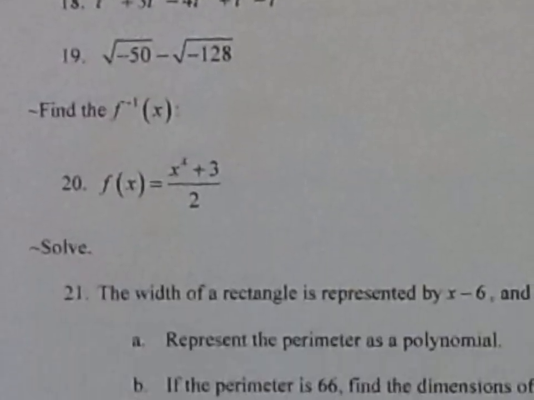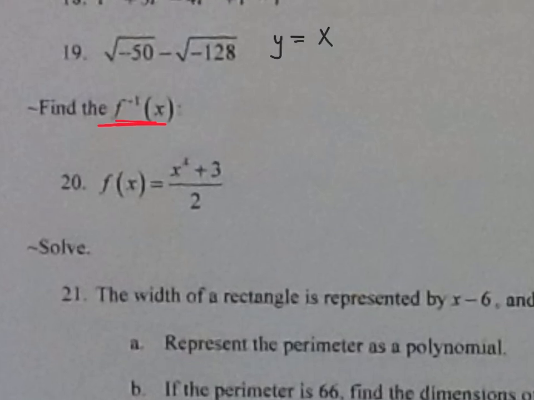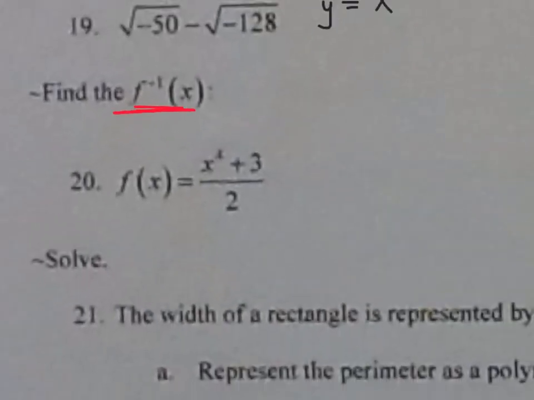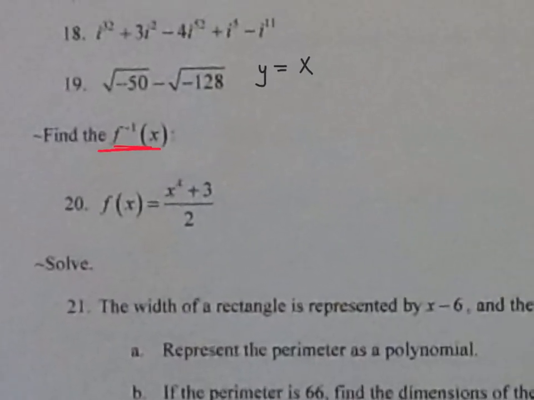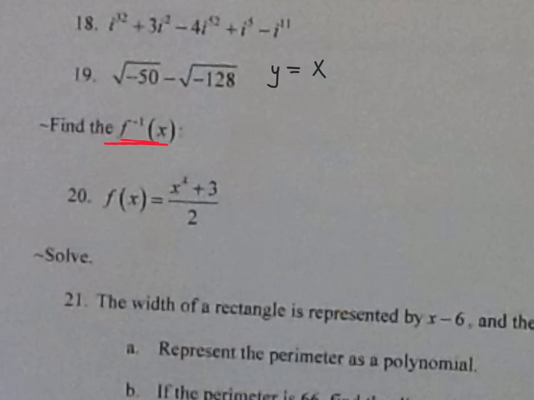All right, so remember this symbol here means inverse, and inverse means to switch x and y. So I'm going to first start off by writing it as x equals. So it's y equals x to the 4th power plus 3 over 2. So I want inverse.